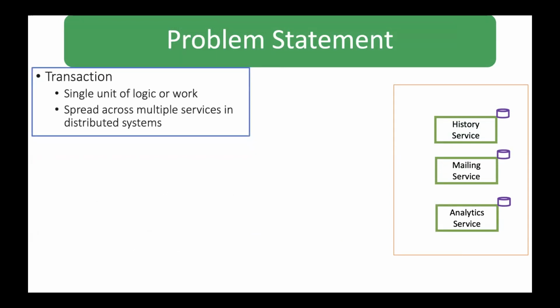Now, if I talk about a transaction, we understand it very well. What is a transaction? It is a single unit of work, or you can say an atomic process where multiple tasks happen together.